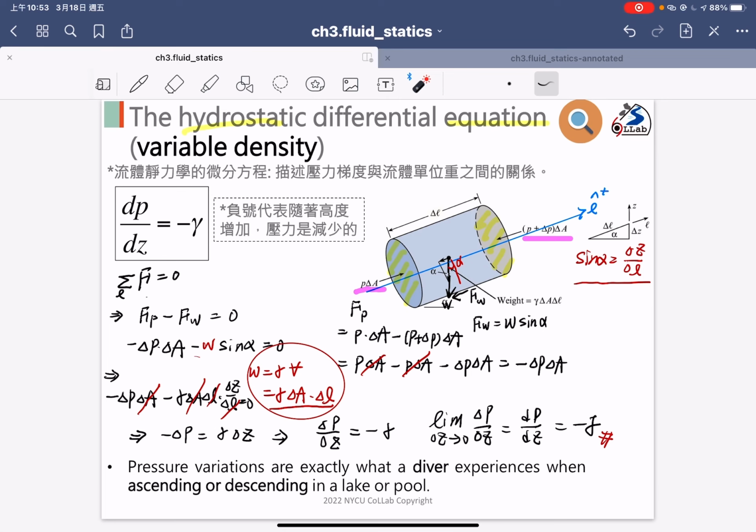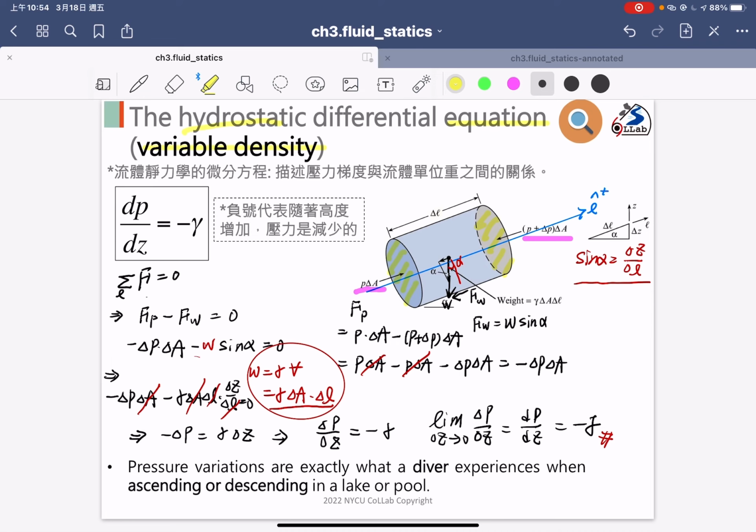And if you notice, the assumption for this equation is that until now we assume the density can change. But I always emphasize that for a liquid, the density doesn't change. Maybe the volume changes, but it's quite small.